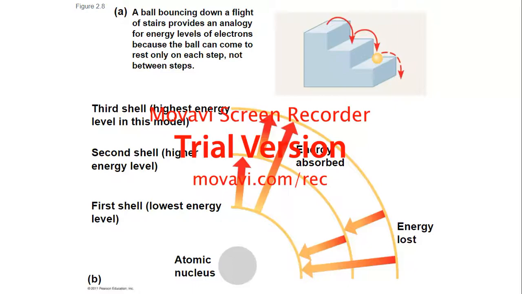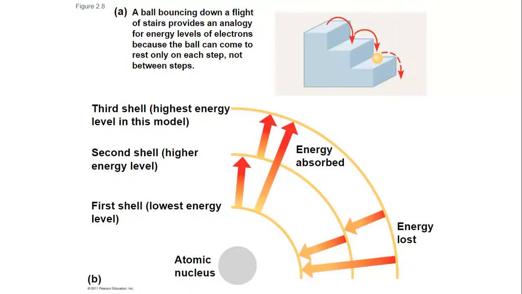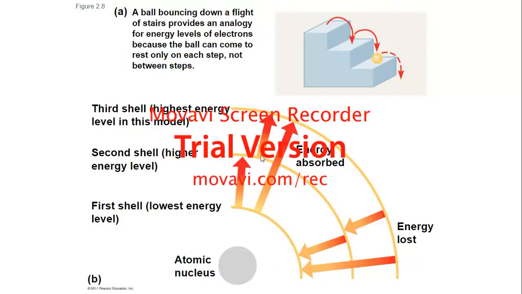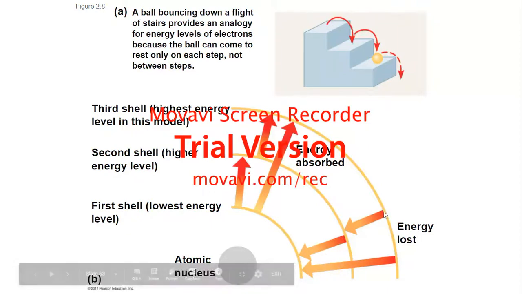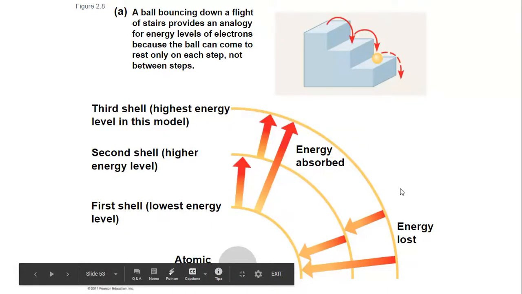The third shell, the highest energy level, can hold 18. Now, remember, I talked about how atoms can absorb energy, and when they absorb energy, electrons go to a higher orbital. Then when they lose energy, those electrons go back down to the lower orbital. This image is just so you can visualize what I said previously.